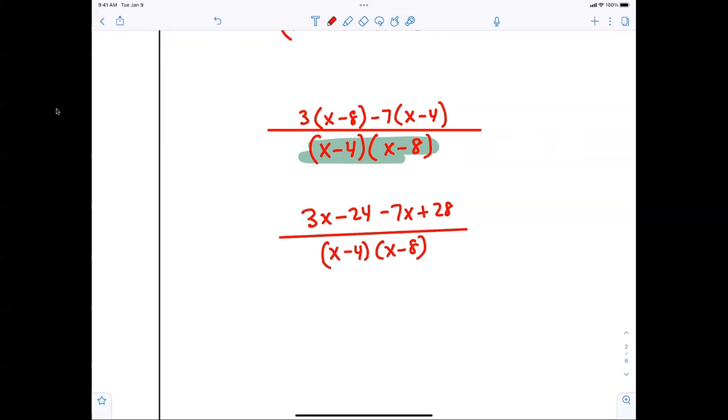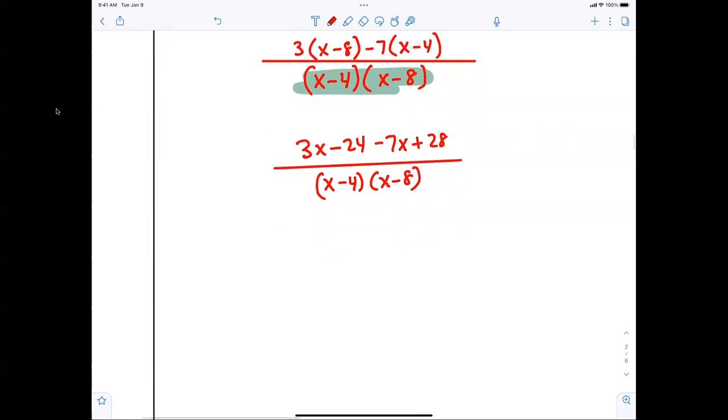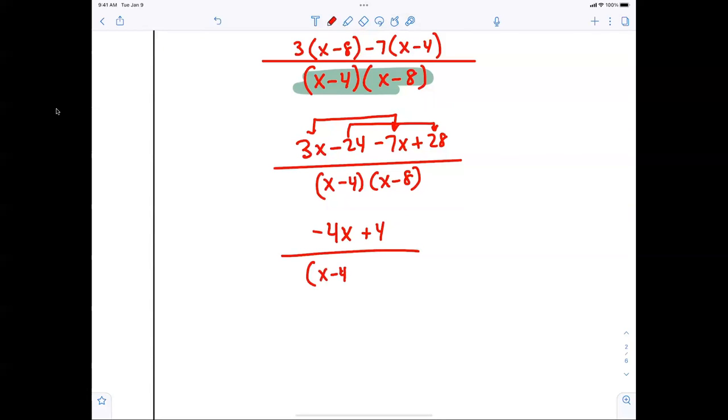Now simplify the top. What's 3x minus 7x? Negative 4x. Negative 24 plus 28 is plus 4, over x minus 4, x minus 8.